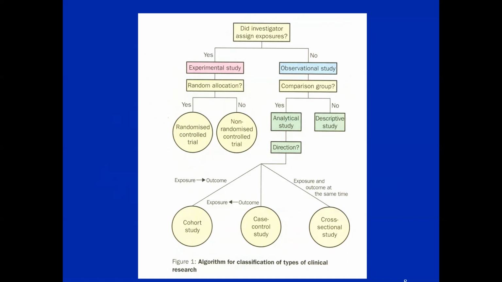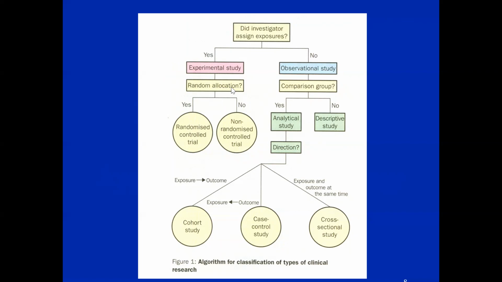It can be a drug, it can be immunization, it can be food or other things which you can give the group to really see the effect. So first, either you assign an exposure or you don't. If you don't assign exposure, those are observational studies. If you assign an exposure, it's called what? Experimental study.